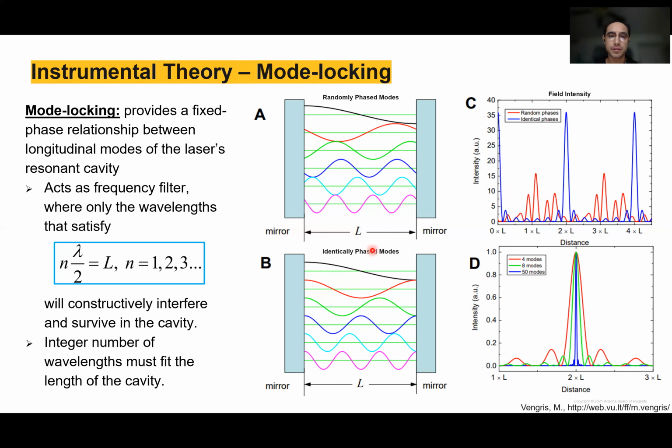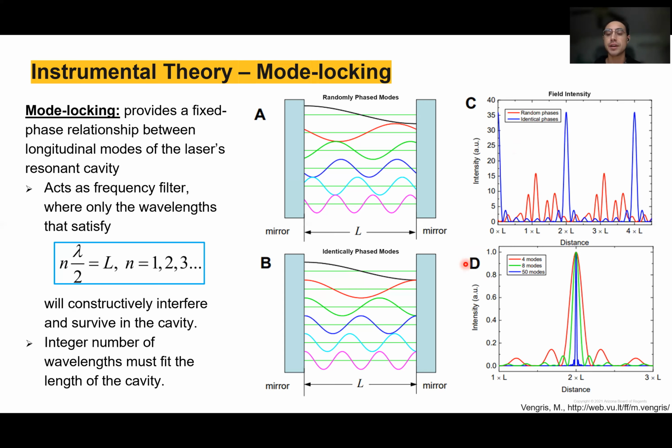But when you have identically phased modes, you end up generating a pulse that's periodic, and it'll end up building upon itself until it becomes very strong, and then your photons can be emitted from there.